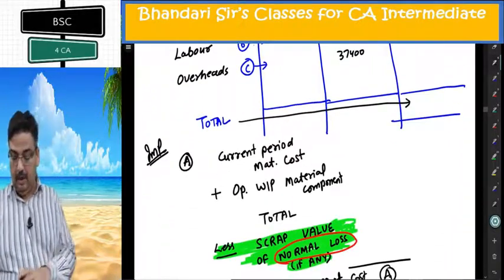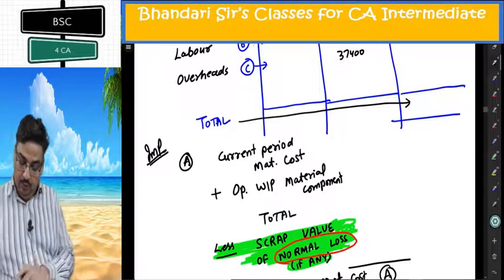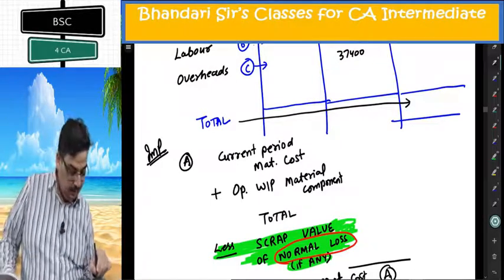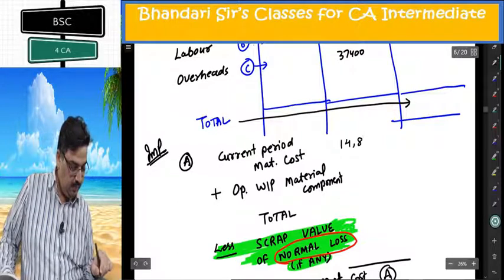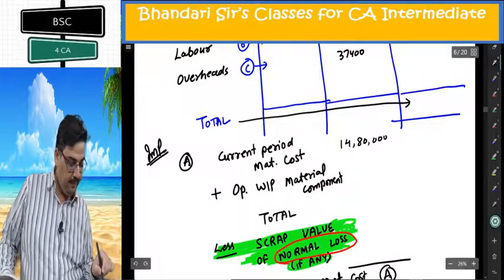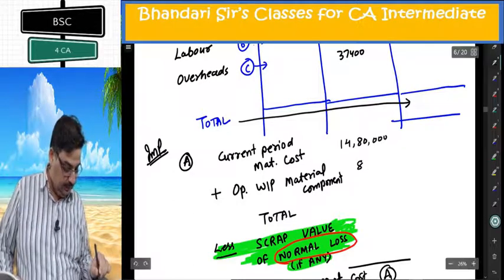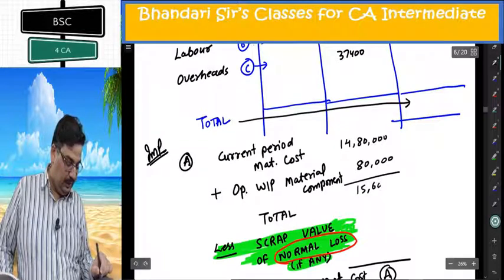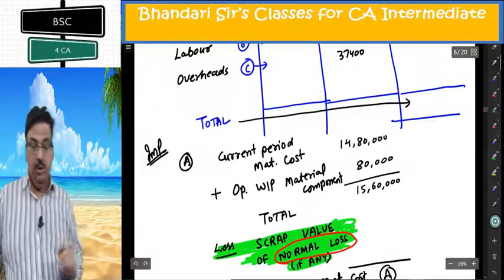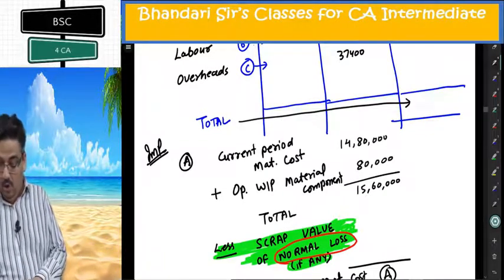Current period material cost. Check out there. 14,80,000 given there. Add opening WIP material cost 80,000. Becomes 15,60,000. Less scrap value of normal loss.